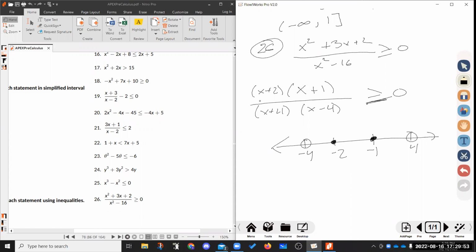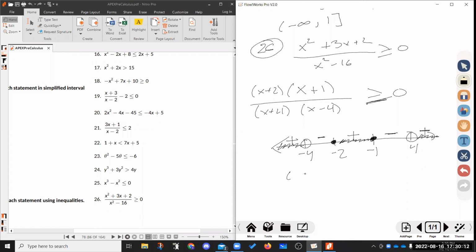All of them are odd multiplicities. So I'm going to start over here to the right as positive, then negative, then positive, then negative, then positive. I want greater than or equal to, so I'm going to shade my positive areas.